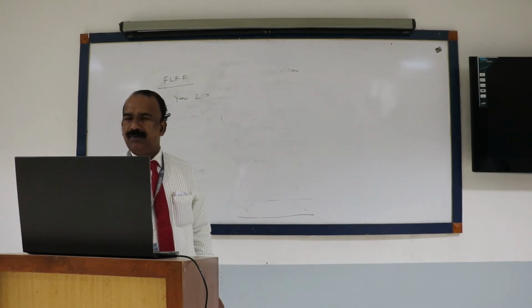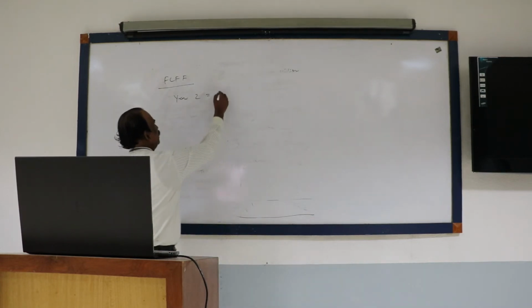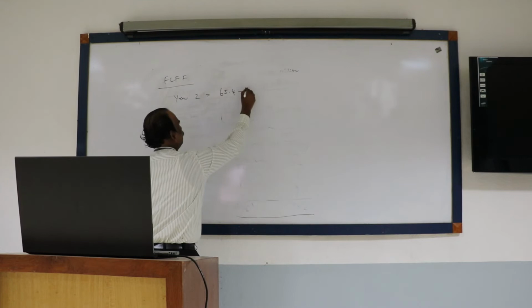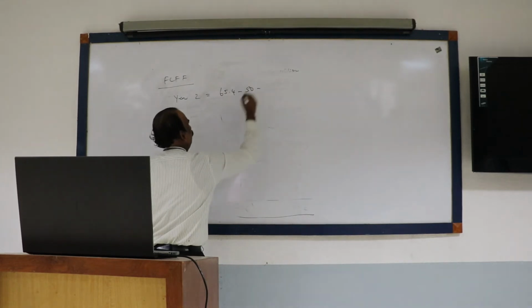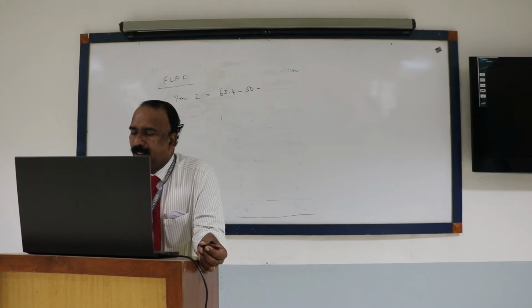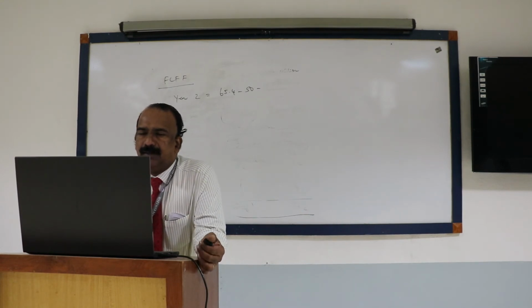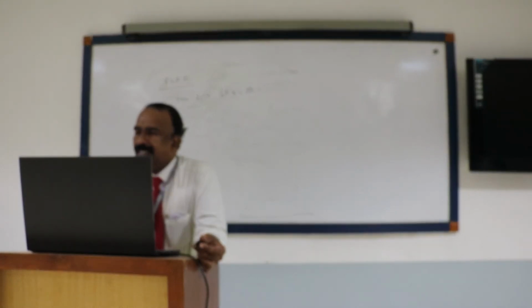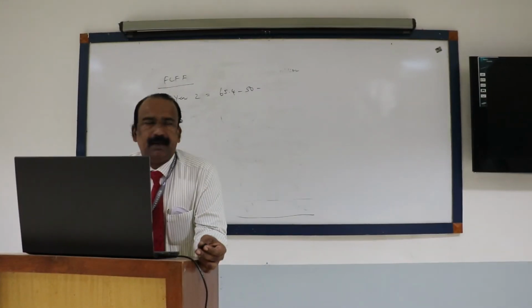Yes, sir. So 65.4 minus 50 minus non-operating income post tax. We calculated non-operating income for the second year, it is 5 minus 2, that is 3. Minus 3.